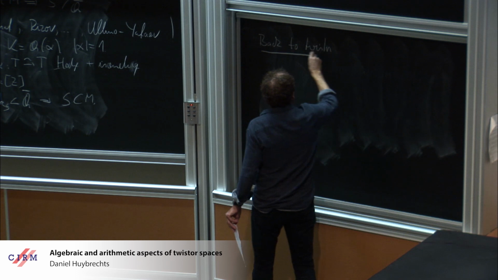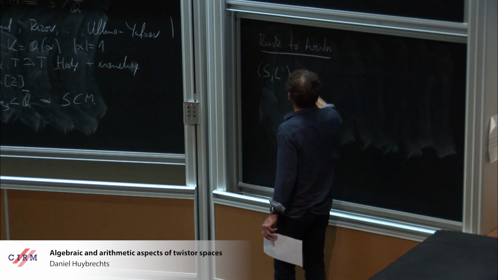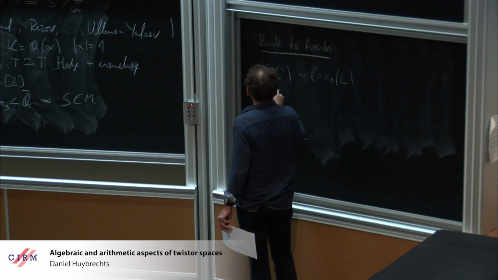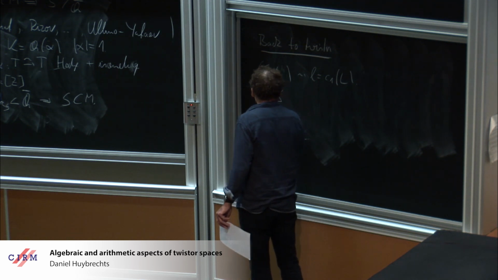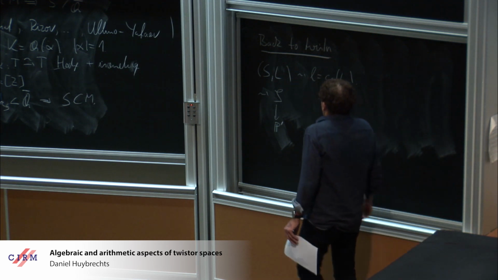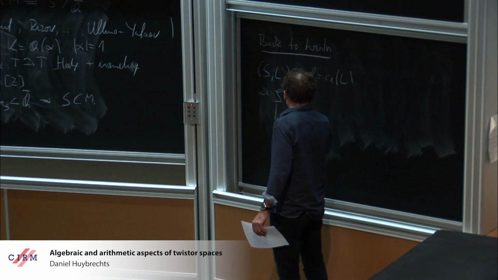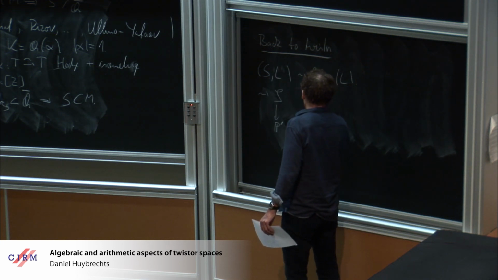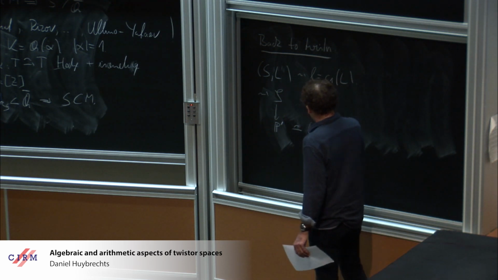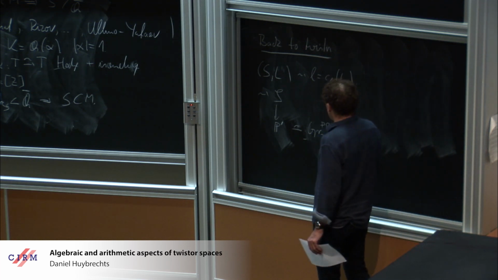So remember, we started with a K3 surface S and an ample line bundle, L its first Chern class, and we looked at the twistor space as P1. Now this P1 we can view as the Grassmannian of positively oriented planes. So this is planes, oriented, and the intersection form has to be positive on the vector space.